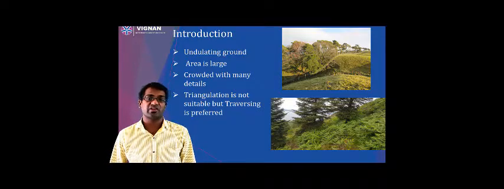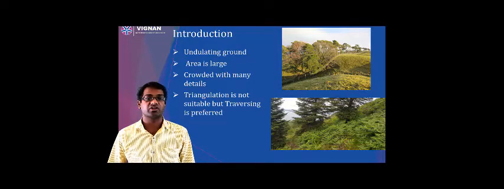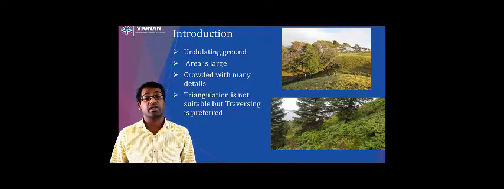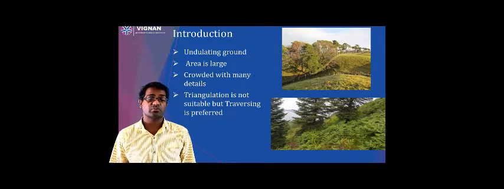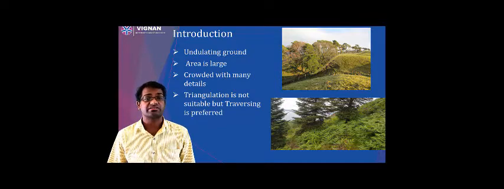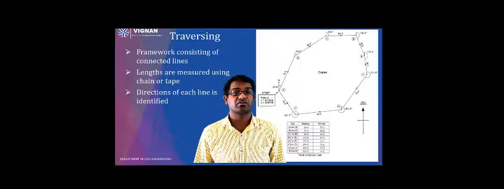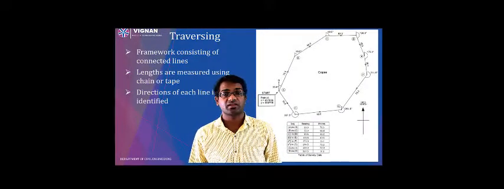So in chain surveying we use the principle of triangles, where we divide the entire field into a number of triangles in order to get our details or draw the map without errors. Whereas when you do compass surveying, we do traversing, which is the principle of compass surveying by itself. What is traversing?